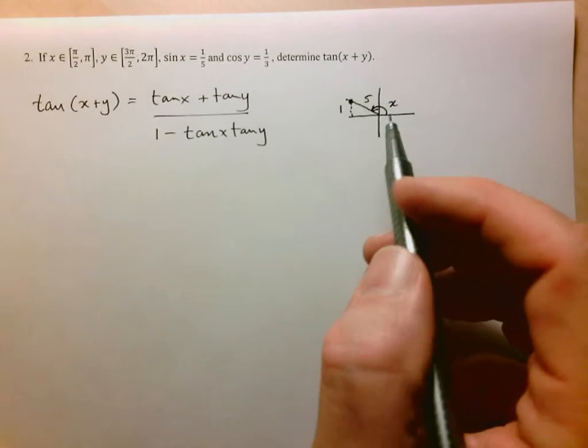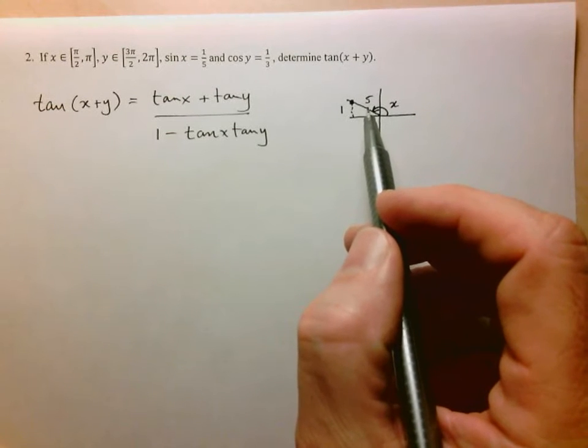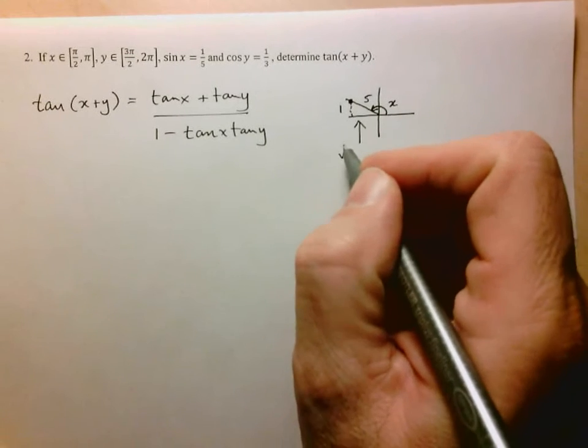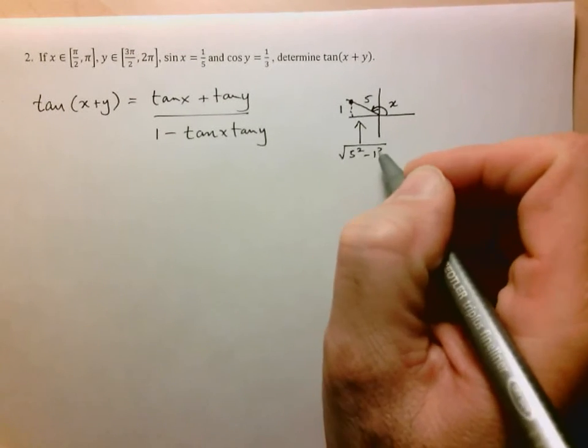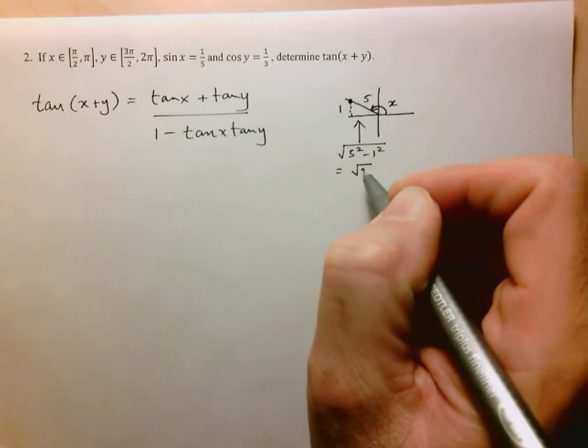The relationship between x, y, and r is just the Pythagorean property. So this side is given by the square root of the hypotenuse squared minus the other side squared. 25 minus 1, so this is equal to root 24.